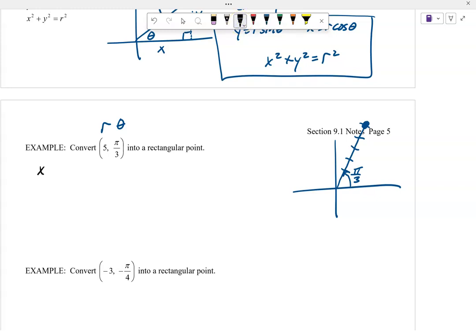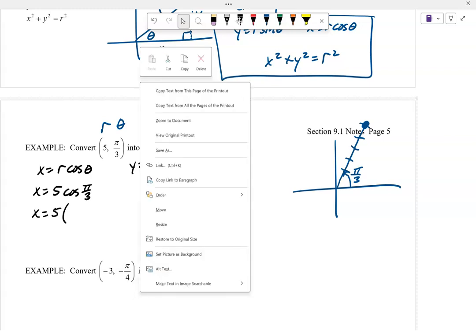Well, I know my x is r cosine of theta, and I know my y is r sine of theta. So x equals r, my r here is 5, my theta is pi thirds. And so I've got the cosine of pi thirds, which is, I'm sorry, the cosine of pi thirds is a half.